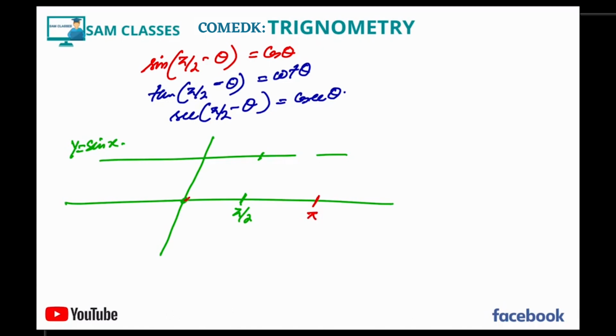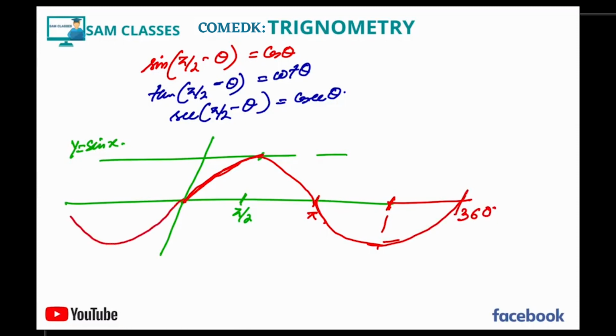So what is happening? This graph is going like this till 90, and after 90 again it is coming back. Okay. Now at 270, we know it goes to minus 1. Correct. And then again at 360, it goes to 0. And here also, same way it repeats. So this is the graph of sin x.